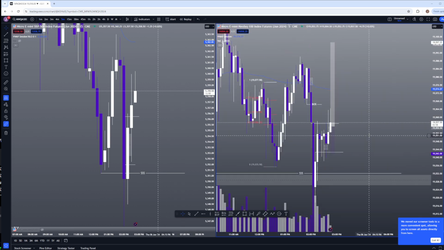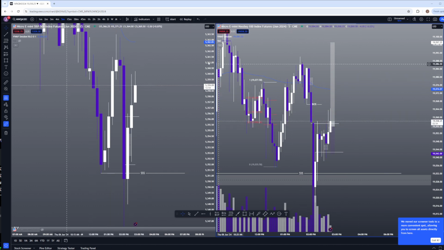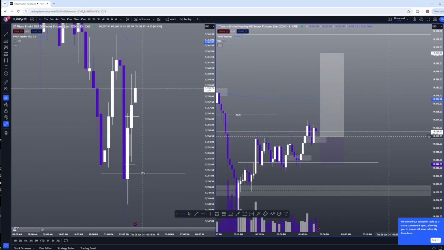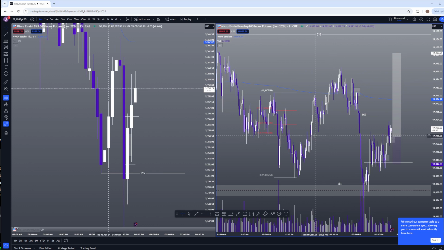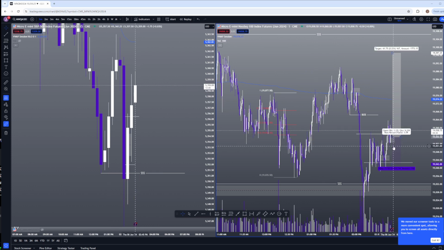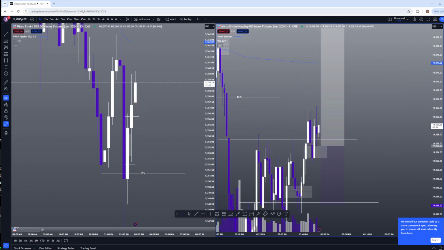Let's look at our range. Yeah, we're barely in a premium of that range. Just above. You can see that's right here. So our entry down here would still be in a discount.